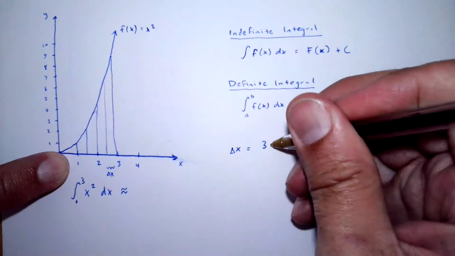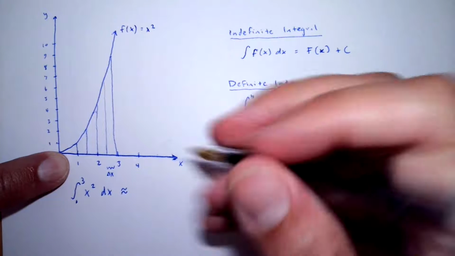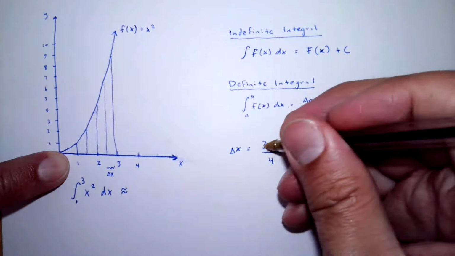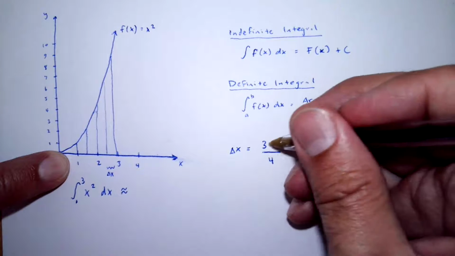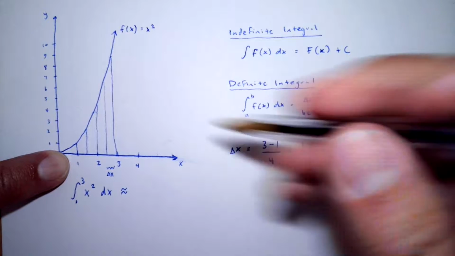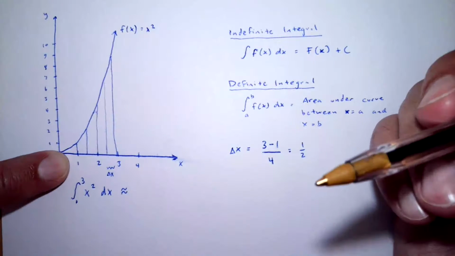So the length of our interval here is 3 minus 1, or 2, divided by the number of rectangles we're going to do, and we're going to do 4. So 3 minus 1 is 2, divided by 4, this simplifies to 1/2, which we can also just see here on this picture.